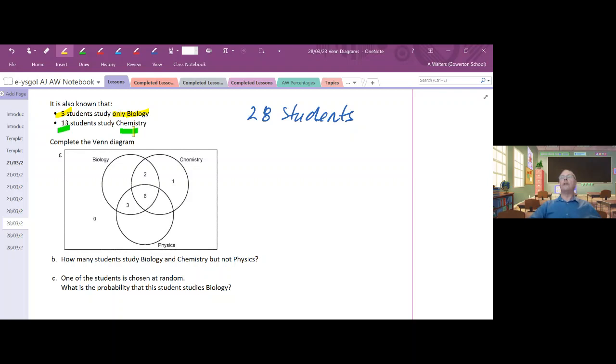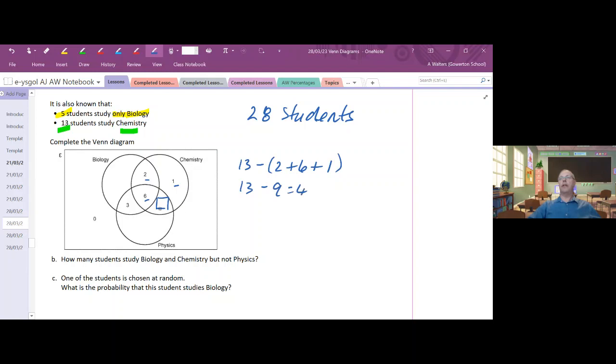Okay, this is what you should have done if you're ready to resume. It tells us there's 13 students who only sit in chemistry, so that value there is missing. So I'm going to say 13, take away the 2 and the 6 and the 1. And 13, take away 9 is 4.